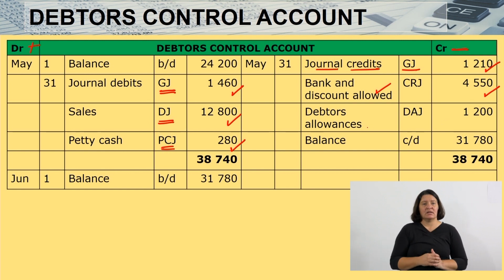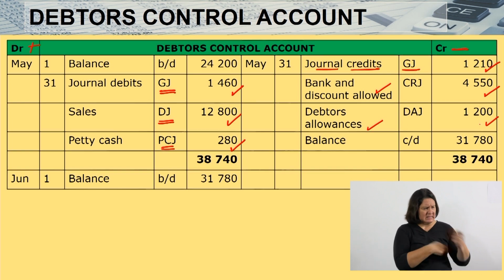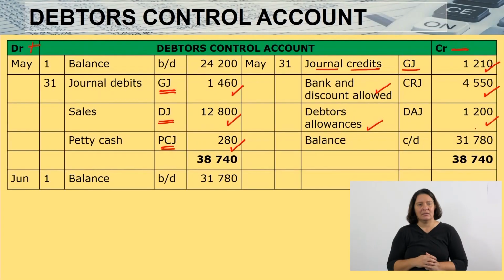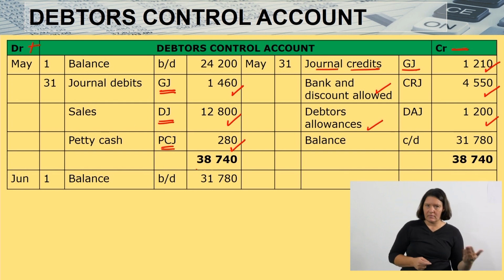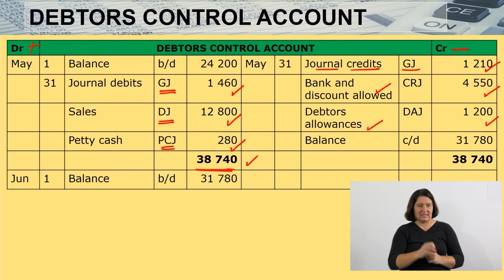Your debtors allowances, remember, when your debtors are not satisfied with the goods that you have sold to them, they can return them. And we're talking of debtors allowances. To close with your ledger account, you look for the side with the highest amount. In this case, it was the debit side with 38,740. So on both sides, you must have 38,740.